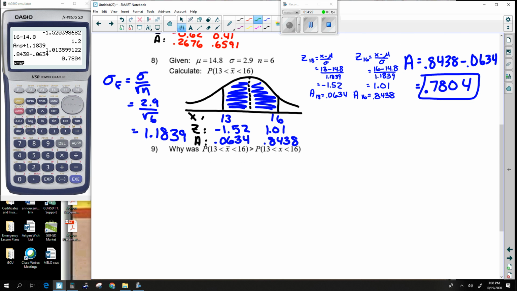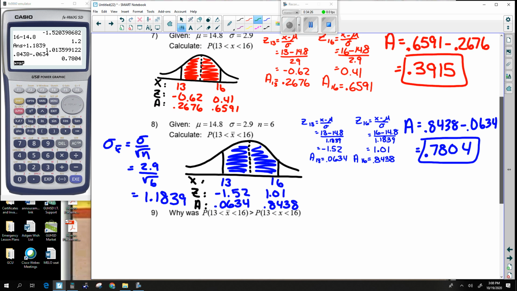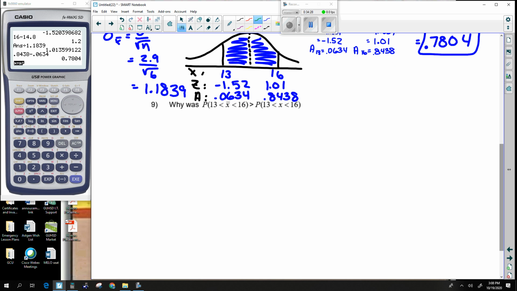Last but not least, why was the X bar 0.7804 bigger than the X, the 0.3905? Well, because, look at my handwriting.